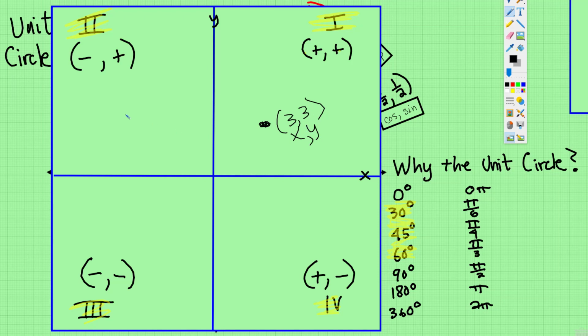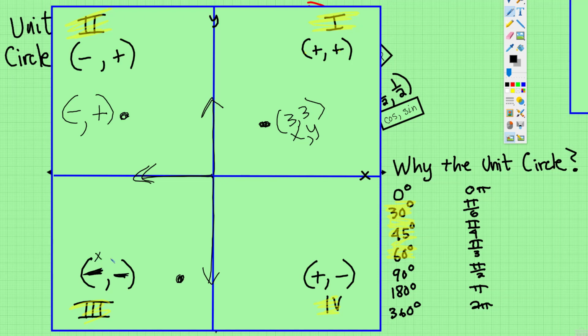If we were to plot a point right here, for the x value, we went to the left, which is negative, but we went up, which is positive. If we plot a point right here, well, we went to the left, which is negative, and we went down, which is also negative.